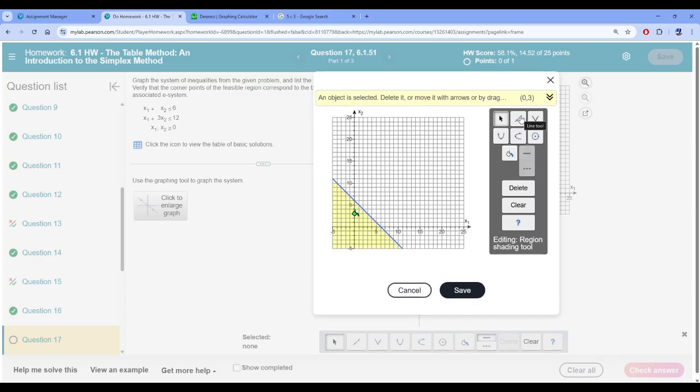Then I know that my second equation is going to be 12 and 5, 4. There's 4. And then this is again less than, so we're going to go on that side. And then last but not least, this is all greater than 0. Save.